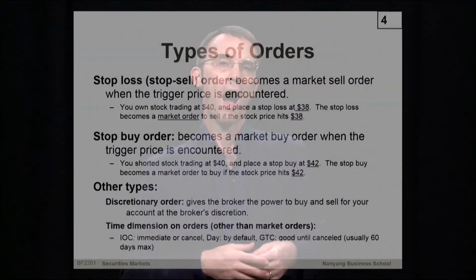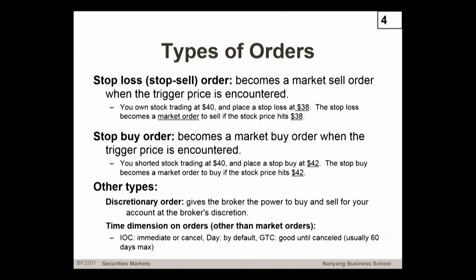When I place an order in, there are different ways that I can specify how much time my order will be outstanding. I could do an immediate or cancel order, so that I place the order in, and then if it's not immediately filled, then that order is canceled. I could do an order which is good until the end of the day.